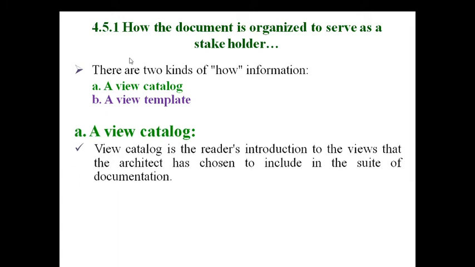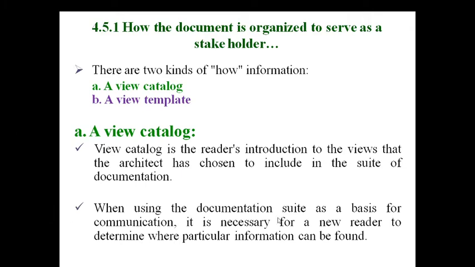We will see. A view catalog is a reader's introduction to the views that the architect has chosen to include in the suite of documentation. So whatever views the architect has suggested to include for the application, that information is available in your catalog.